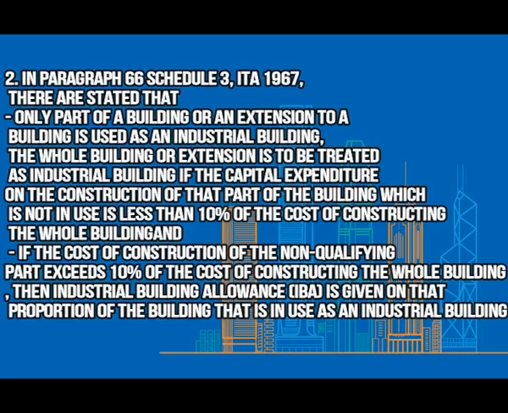And if the cost of the non-qualifying part exceeds 10% of the cost of constructing the whole building, then industrial building allowance IBA is given on that proportion of the building that is in use as an industrial building.